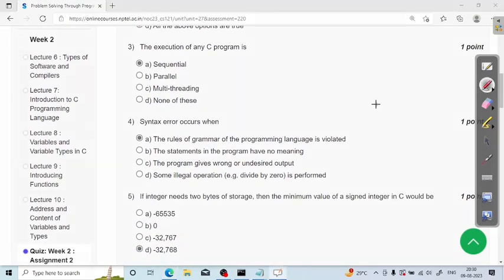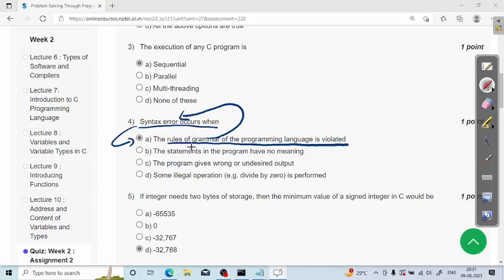The fourth question says syntax error occurs when, and the answer is option A, because a syntax error actually occurs when the rules of grammar of the programming language are violated. Meaning when you are violating the rules of grammar of any language, we can say that there will be a kind of syntax error.